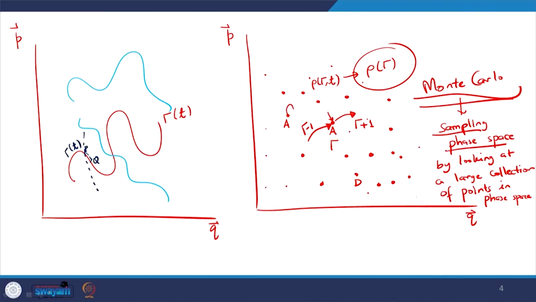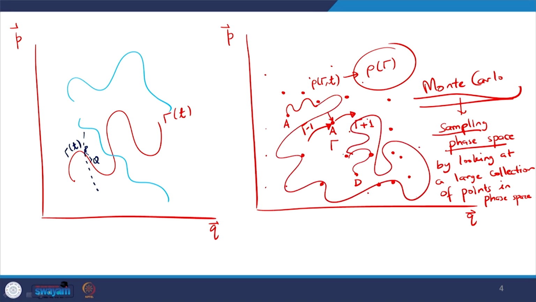On the other hand, if I am following the molecular dynamics approach, then I will start a trajectory from A or from D, and I have to wait long enough until they meet each other. Starting from A, we can never be sure that I will get to D if I am following molecular dynamics. But in Monte Carlo, it is trivial to do, because I can always sample A and D, because I am not worried about how A is evolving, how D is evolving. I am only interested in stationary states A and D.